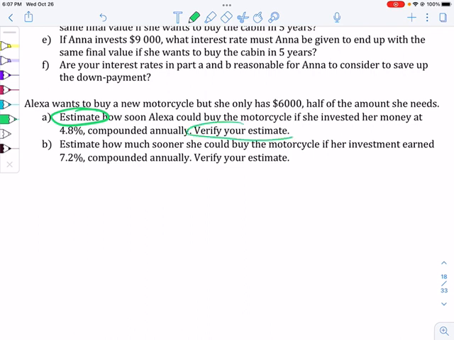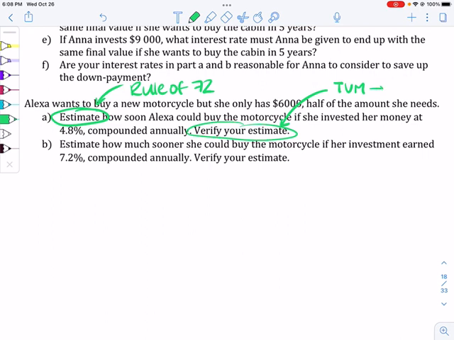But when it says verify your estimate, that just means use your TVM, figure out the actual amount of time it will take, and see if my estimate is fairly close to that end value. So that is what it means by verify. So estimate is rule of 72, and to verify that, I'm using TVM.